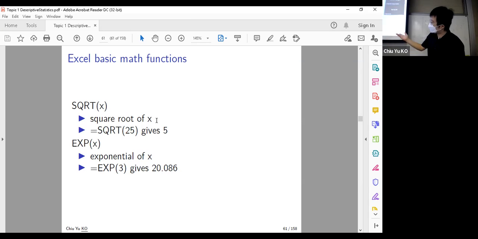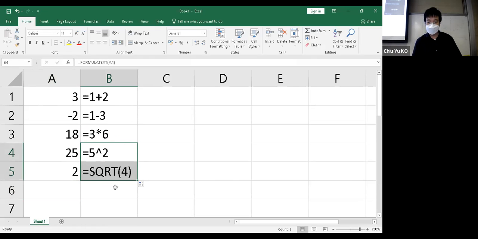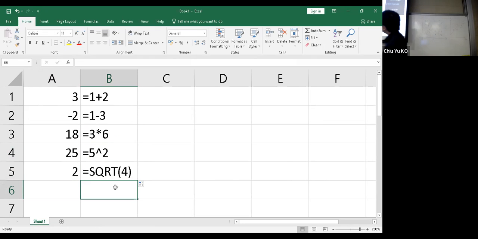Let me show you an example, because this is something you might not have seen before. If I want to take a square root, it's SQRT of 4, and this gives you 2.